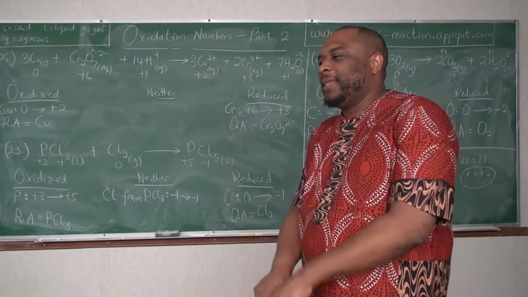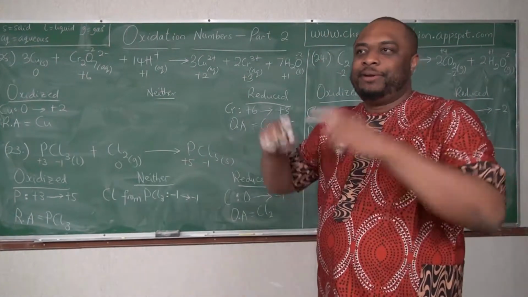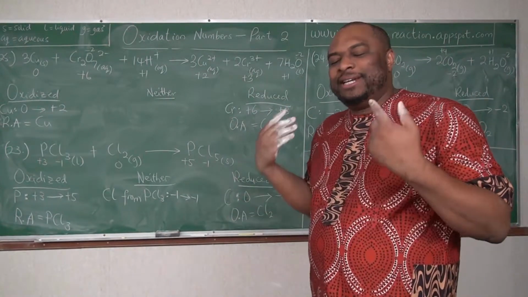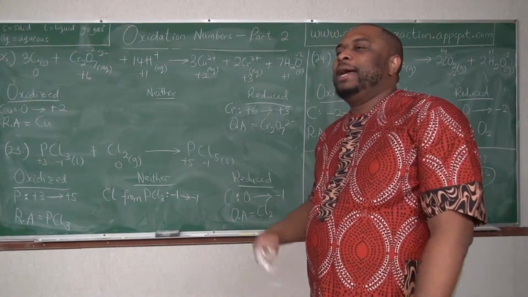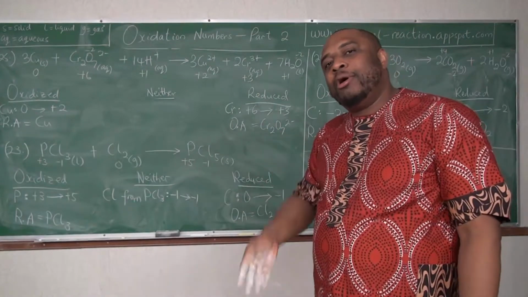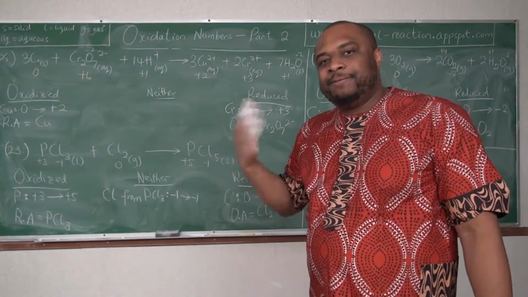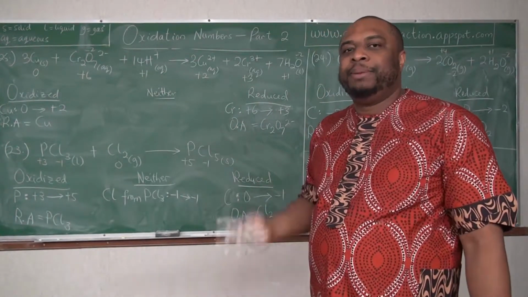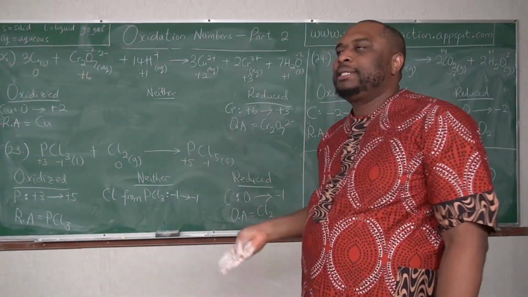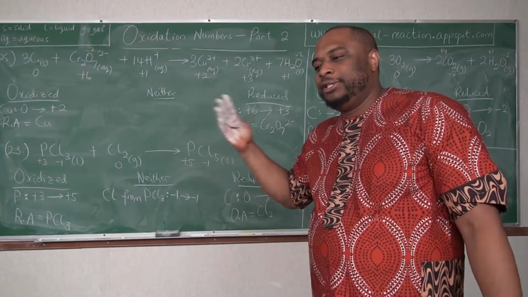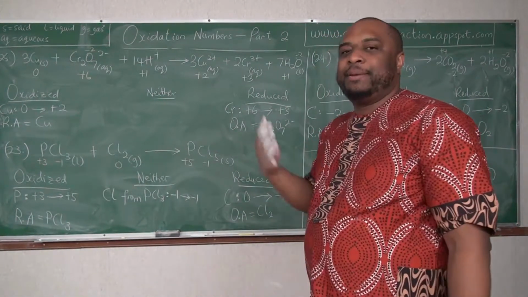This is for everybody: Nigerians, Americans, Africans, everybody. It's not difficult. If I have the time, I will do more problems on topics that folks find difficult: solubility, electrolysis, electrolysis calculations.